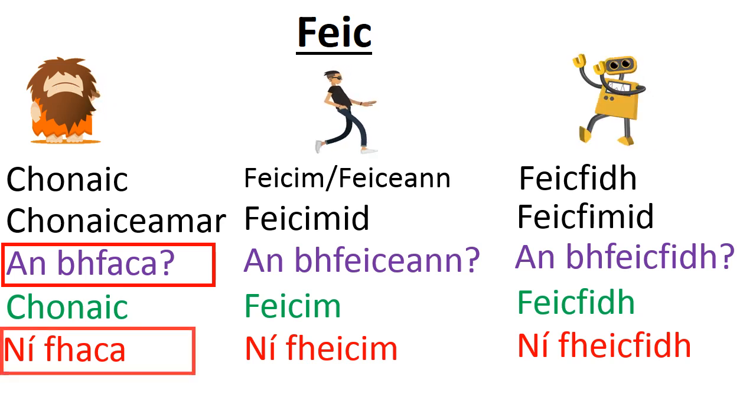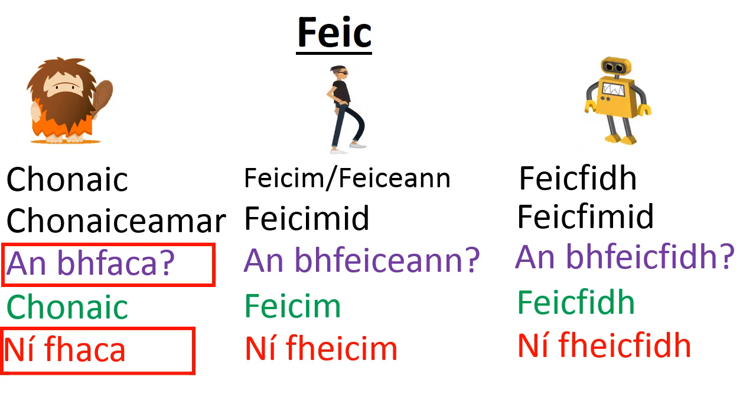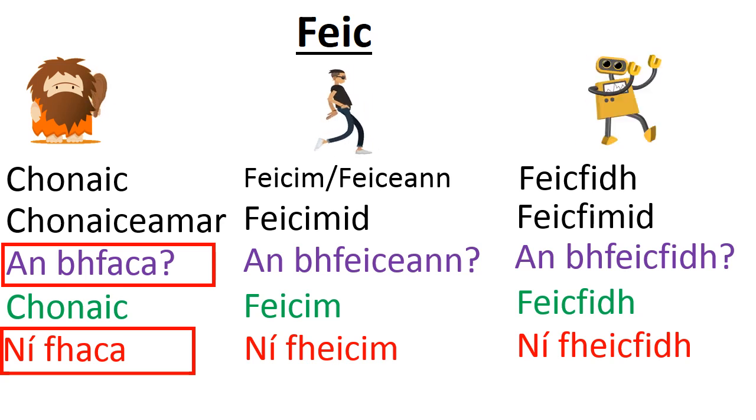So that's feic. I want you to have a good look at that and think about it. Based on what we saw at the start of this video, the present tense and the future tense actually just look like a regular verb. It follows all the rules it's supposed to. It has an im for me. It has an imid for we. It has an urú for a question.